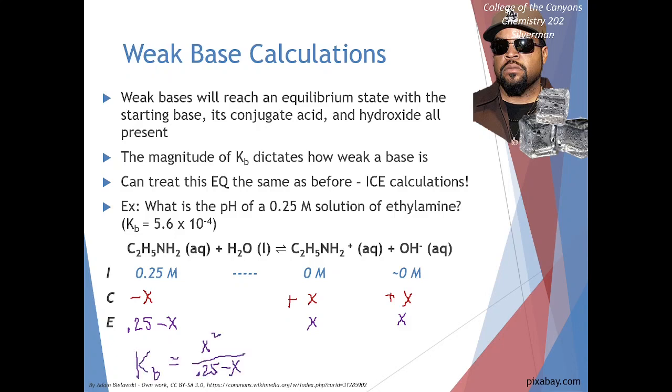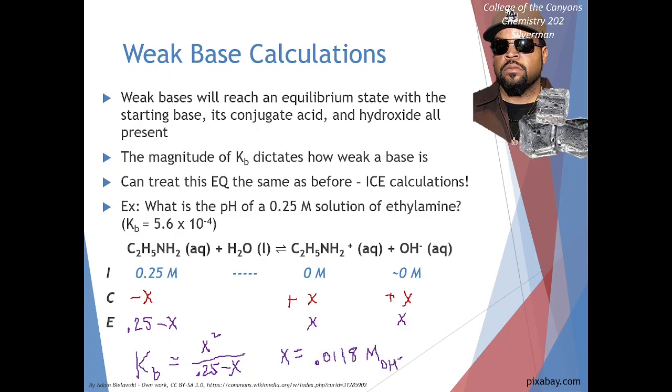Again, we have two options. You can do some algebra and the quadratic formula, or we can try to do the small x approximation. Since our Kb value is very small, we're only going to do this reaction a handful of times. x is also going to be small, make the algebra a little bit easier.